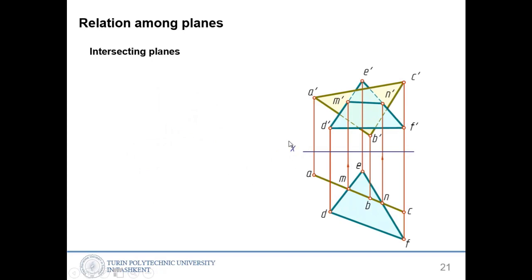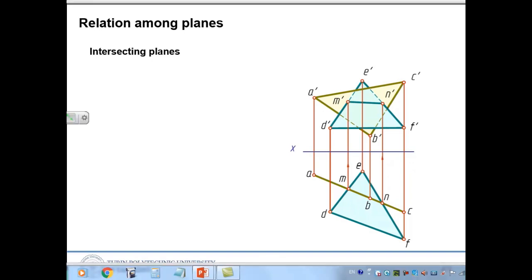When you have a plane that is not any projection plane, not parallel and not perpendicular to any plane, how to find it? So two planes are given, with triangles. One is blue, another is the green one.